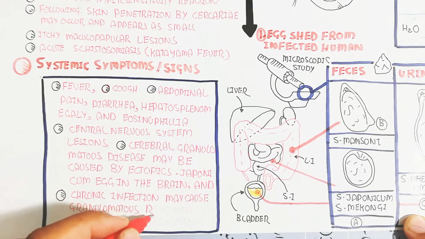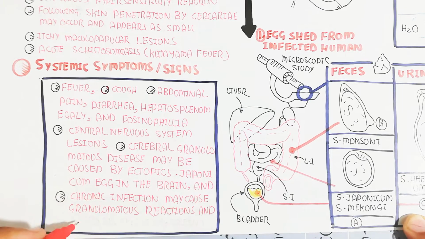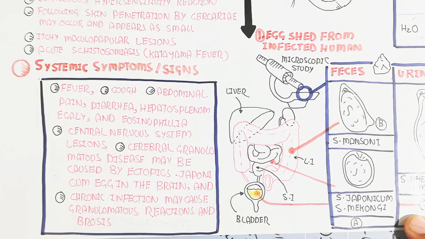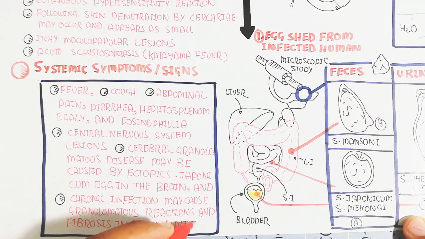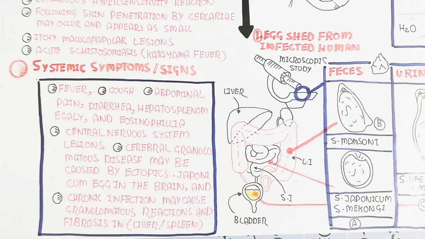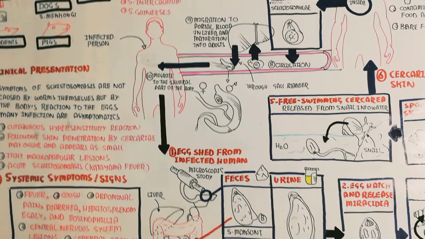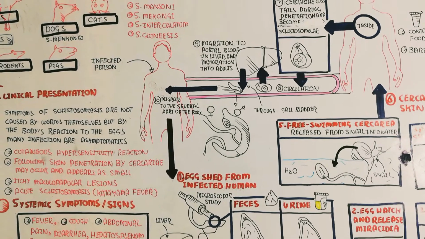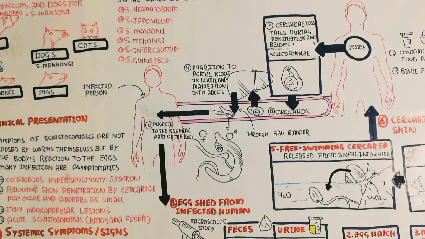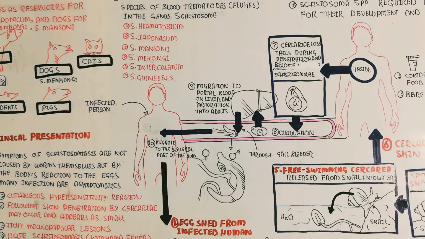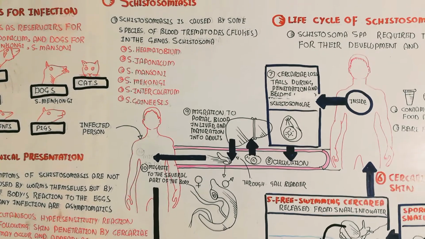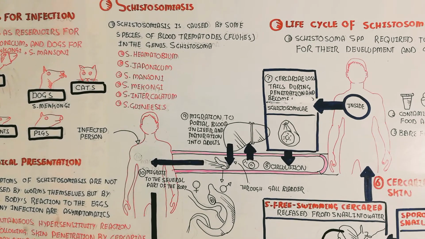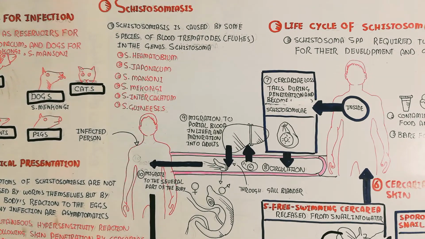Cerebral granulomatous disease may be caused by S. haematobium and japonicum eggs in the brain, and will cause brain infection, and chronic infection may cause a granulomatous reaction and fibrosis in the liver and spleen. Liver fibrosis and spleen fibrosis can be caused by schistosomiasis.